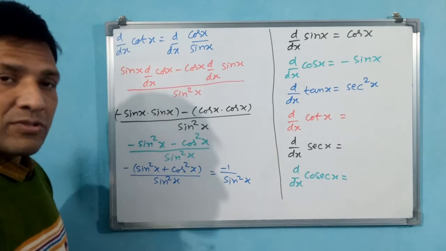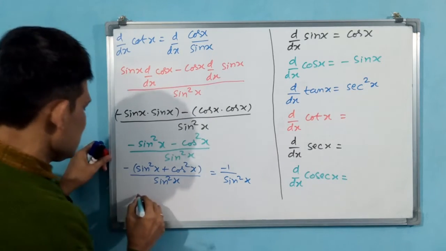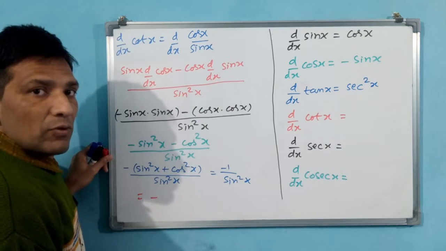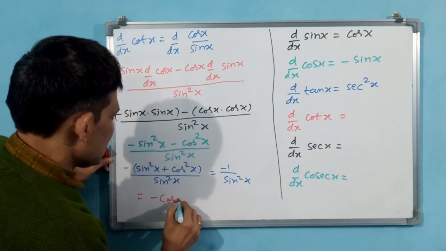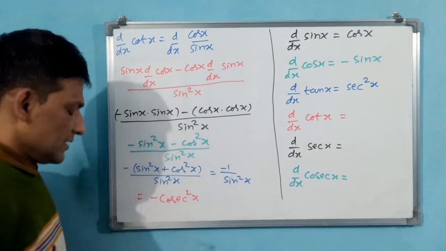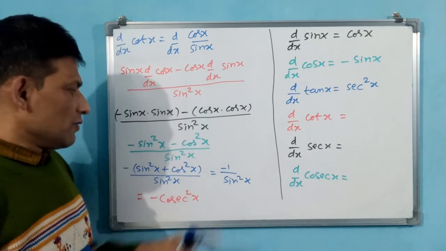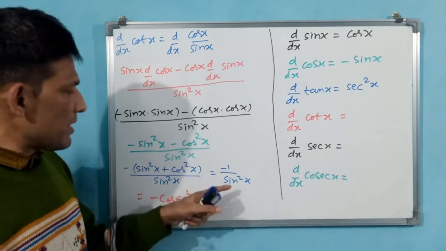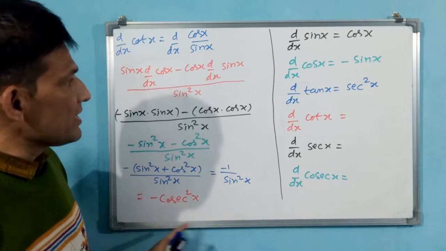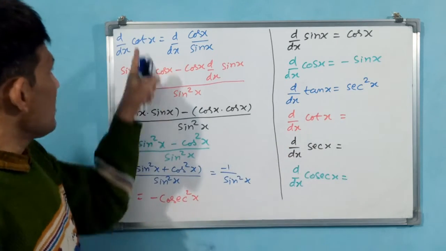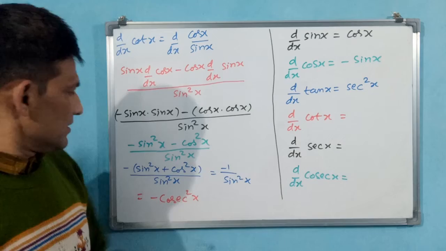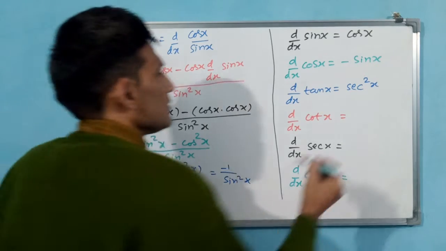Minus 1 by sin square x, you can also write as minus cosecant square x. 1 by sin x is cosecant x, 1 by sin square x is cosecant square x. That means here I can write d by dx cot x is equal to minus cosecant square x. Write it down.